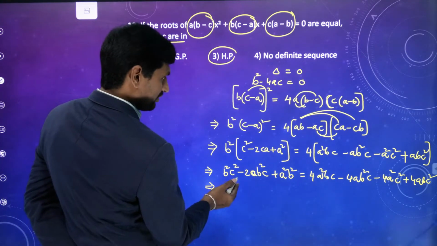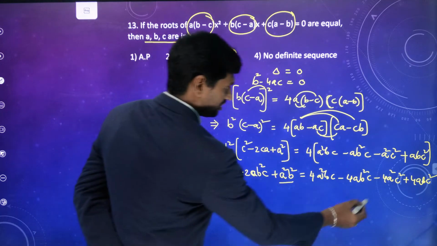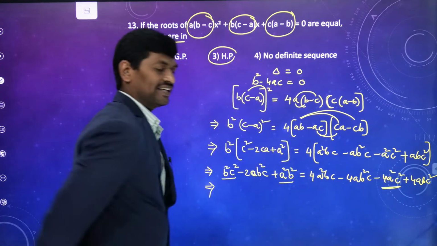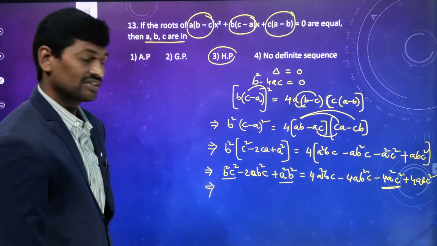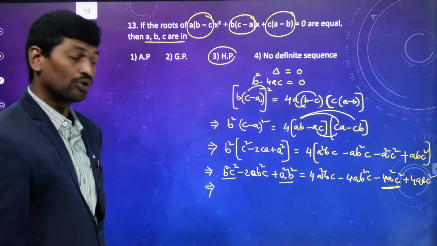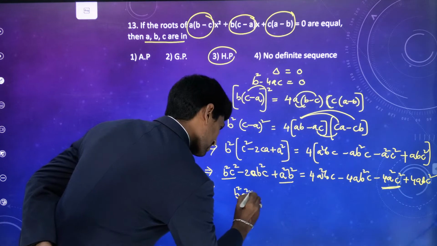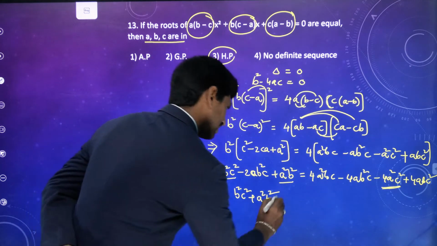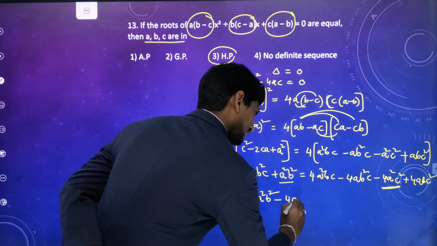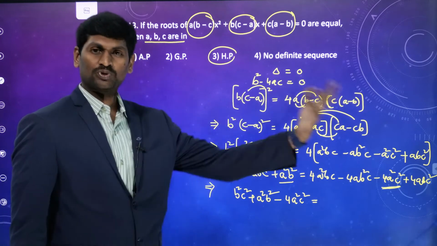Now b square c square is there, a square b square, b square c square, a square b square, minus 4a square c square. I am bringing this side, it will be plus 4a square c square. So simply b square c square plus a square b square minus 4a square c square equals to, this term I am transposing that side.